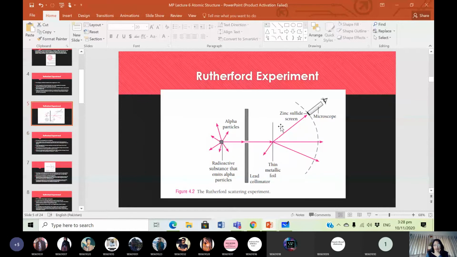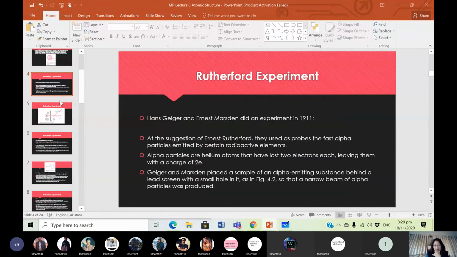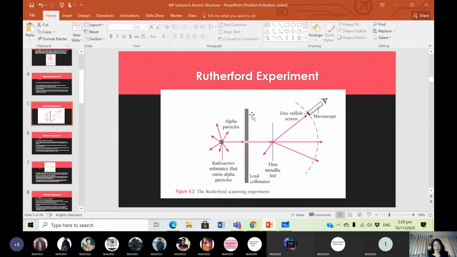So this is our alpha particle Rutherford scattering experiment, where we have a radioactive source here which is emitting alpha particles, and a lead screen here which has a hole in it so that alpha particles could pass through.